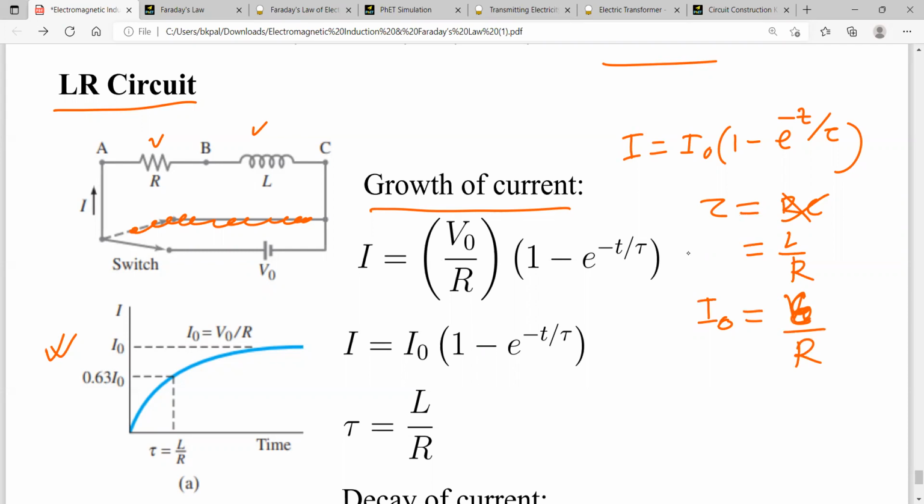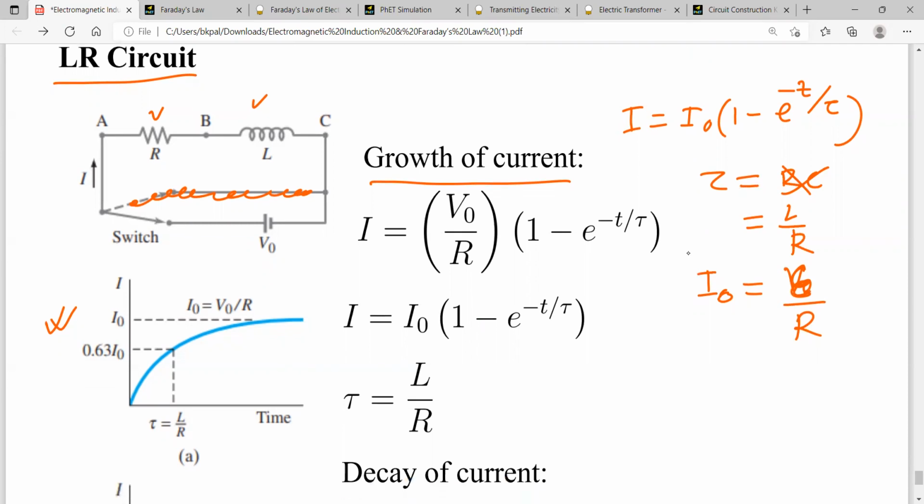Now, what is the significance of the time constant? When t is equal to the time constant, or equal to L over R, then the current grows to 63% of its maximum current. So you see that when time equals one time constant, it grows to this much, that is equal to 63% of the maximum current.